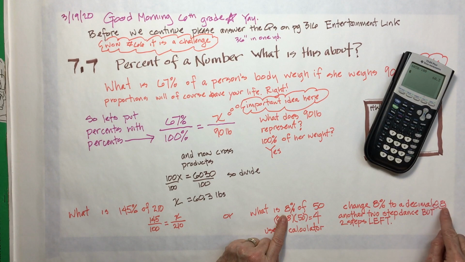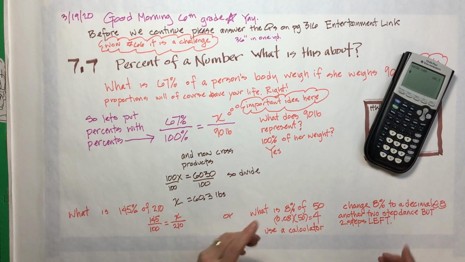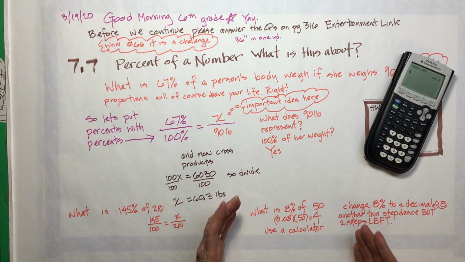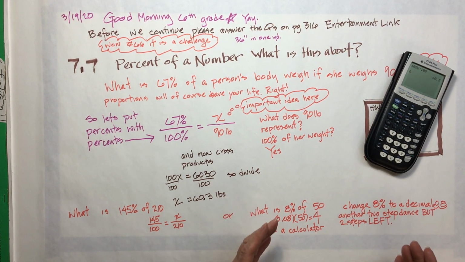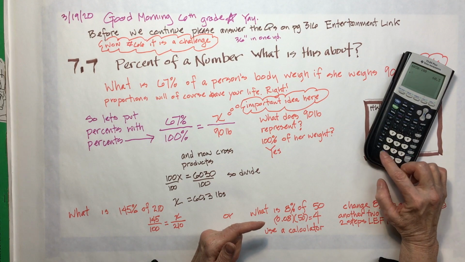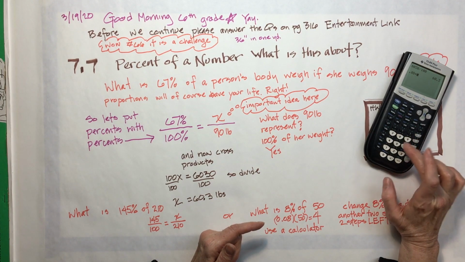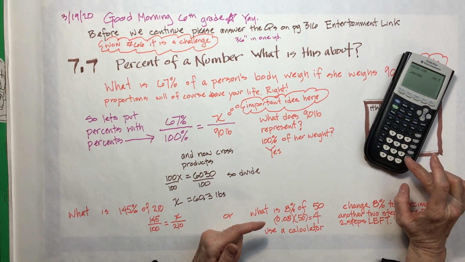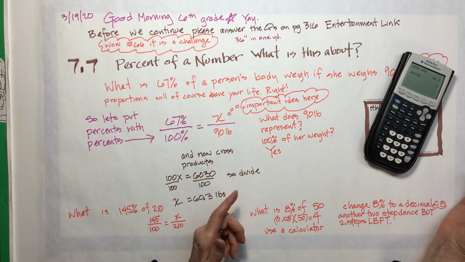So when we go 2 steps to the left, I end up with 0.08. I'm putting in parentheses to indicate multiplication, times 50. If I put that in the calculator, 0.08 times 50, voila, I get 4.